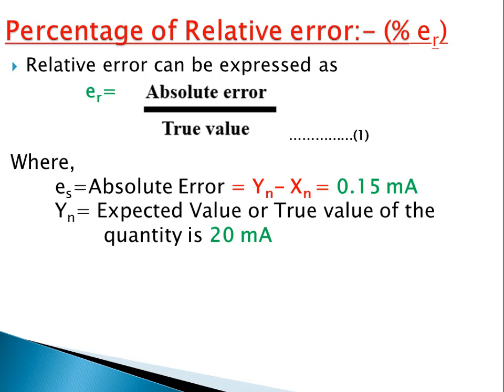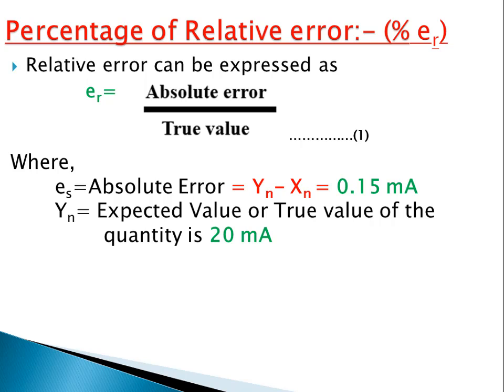Now here absolute error is denoted as small es, and we know that absolute error es is equal to Yn - Xn. In the previous slide, we have already found the value of absolute error, that is 0.15 milliamps.